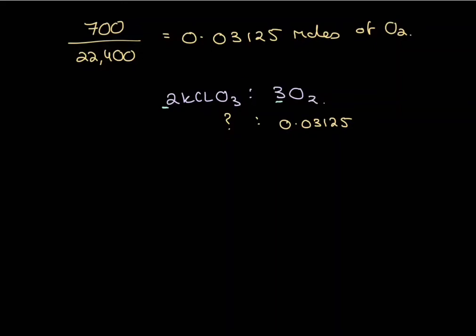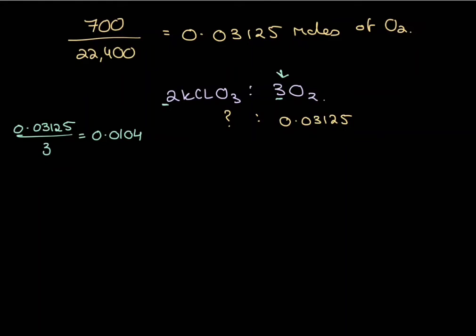So to do that, you work back to 1. So you're taking that 0.03125, dividing it by 3, because we have 3 parts, and working out what that is, which is 0.0104. So 1 part will be 0.0104. So I need to find out what 2 parts is.